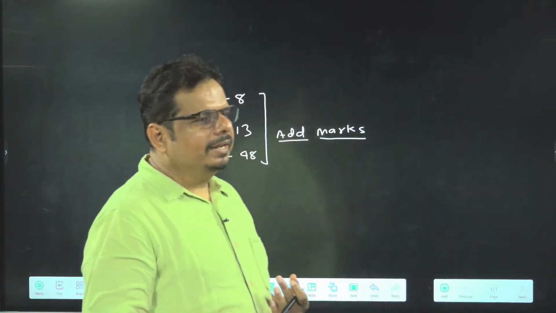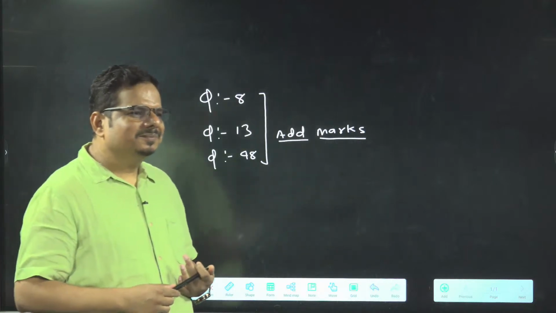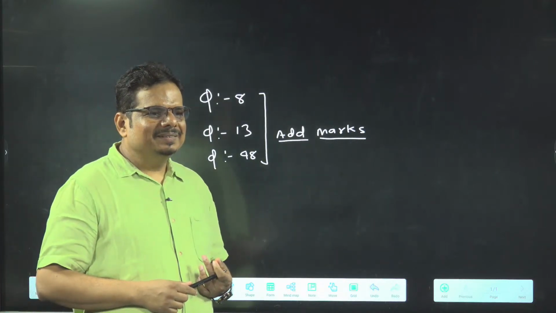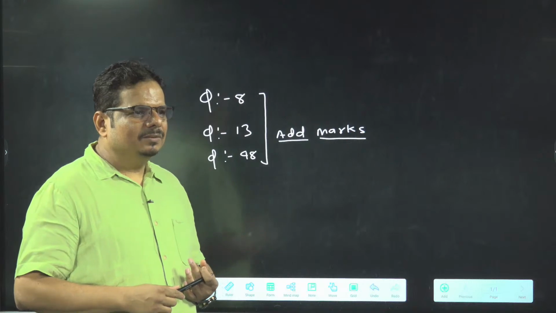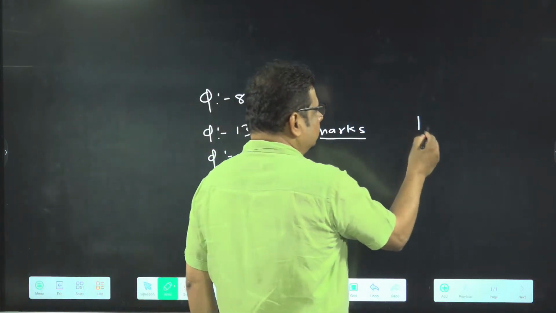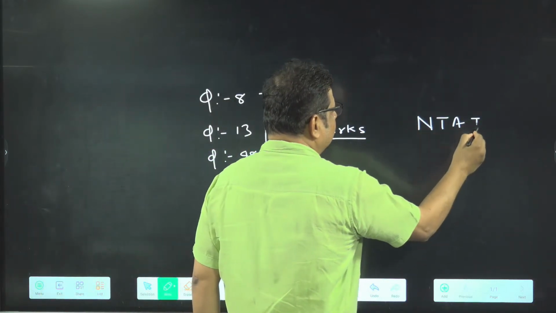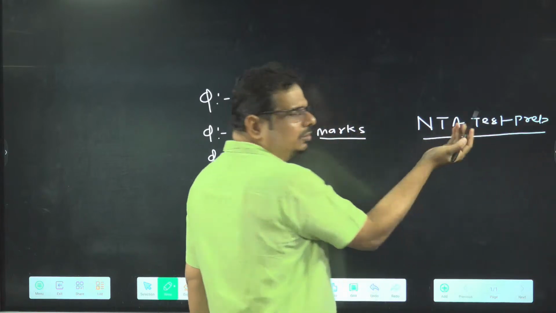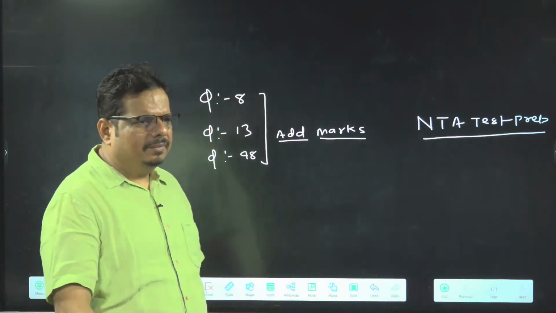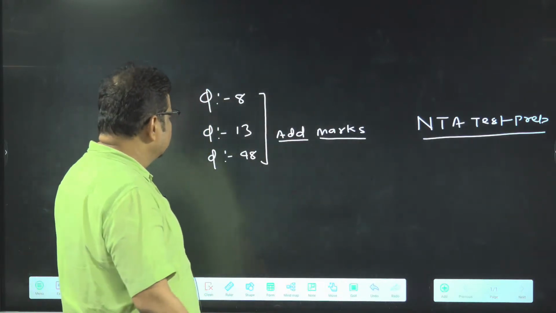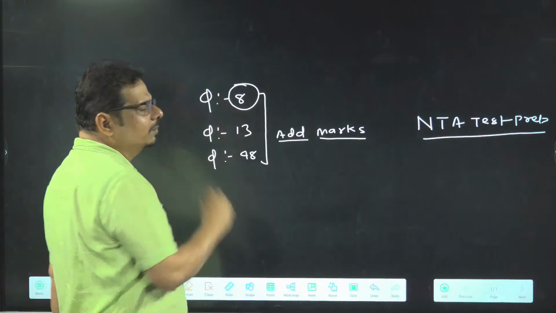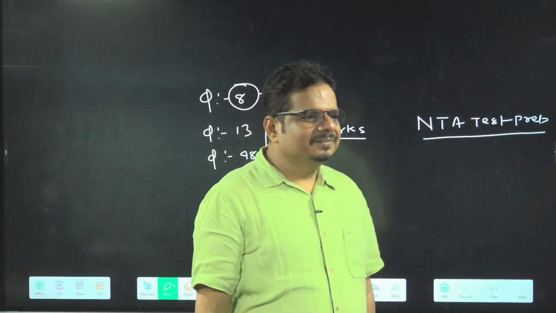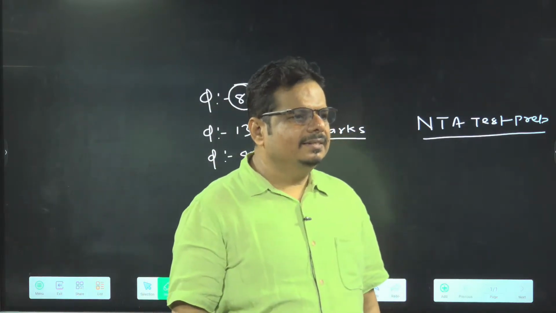If we talk about question 8, the paper is with you. It is the NTA test prep paper, or you can also put Sri Gosalite, it will come right now. What problem was there in question 8? Listen first. The first option is incorrect.